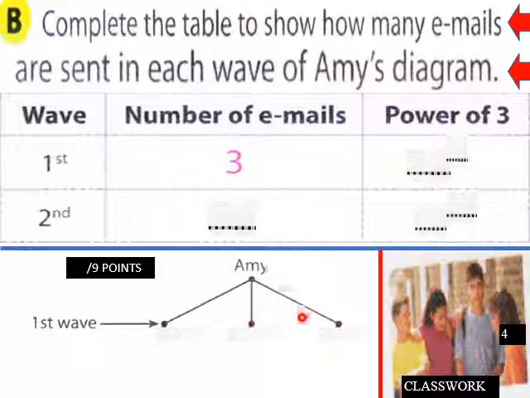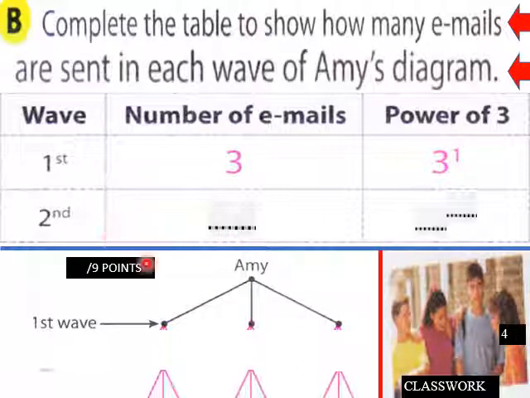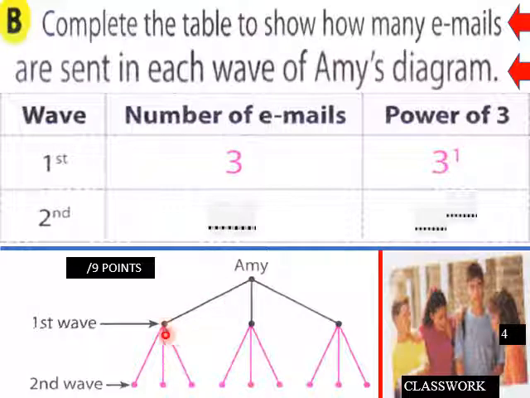And then the power of 3 will be 3 to what power, students? It will be 3 to the first power for the first wave. And then in the second wave, each one of these friends emailed 3 of their friends. That came out to 9. So what power of 3 is 9? It would be 3 squared.